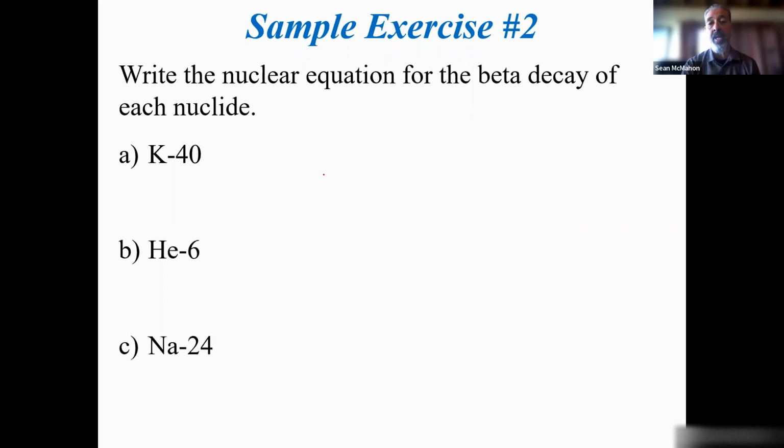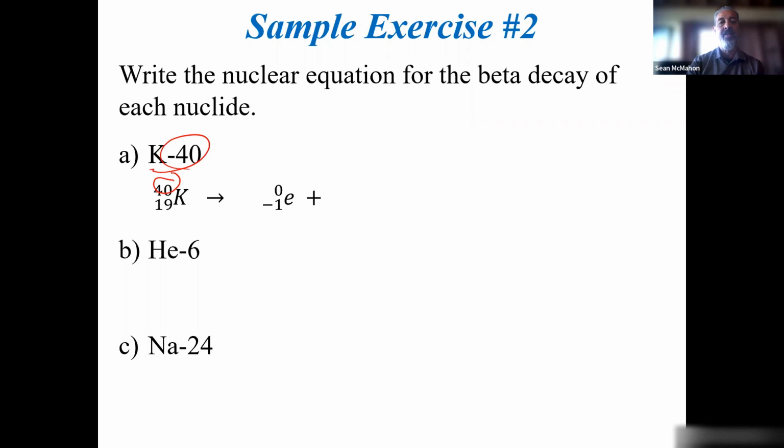So if we wanted to do a beta decay for each of these nuclides, we would start with the 40 for potassium, which is the mass number. Where do I get the atomic number? Again, I look for the elemental symbol of K for potassium and I see it's 19. So I know I'm telling you it's a beta decay. So I'm going to write 0 and -1.